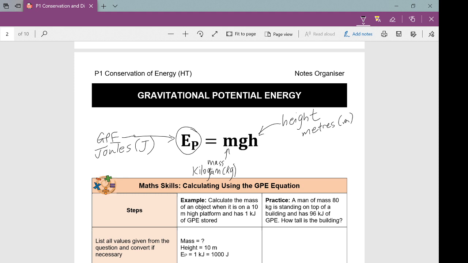Now G, this is an interesting one, because you have to remember that we do have to consider where we are in the universe. If we're on the moon, where the gravitational pull of the moon is much weaker than on Earth, you're not going to need to use as much energy to lift something up.